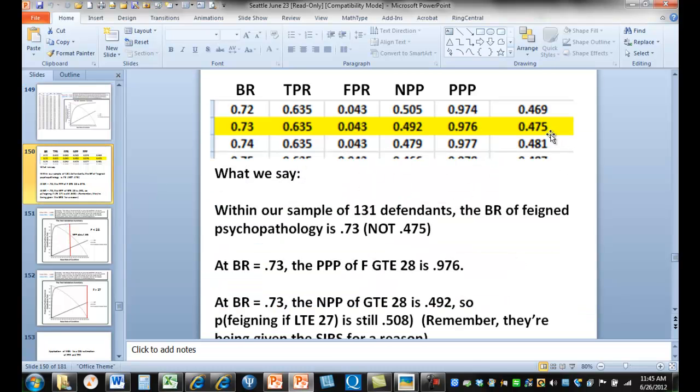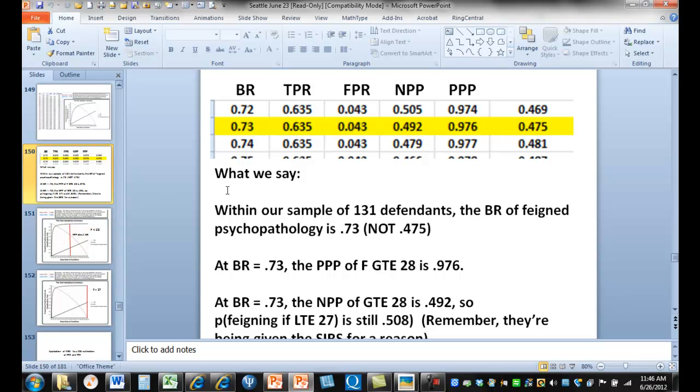If you go to the numbers, it says in my sample, 47.5% of the people had an F of 28 or higher. That meant the base rate of feigning was actually 73%, not 48%. When that's true, a positive F score is 98% likely to be faking, but an F score of 27 or lower still has a 50% chance of being faking.